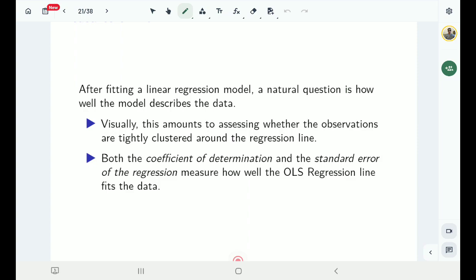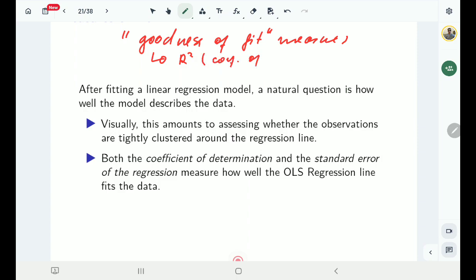There are two widespread measures of the so-called goodness of fit. One is called R-squared, or coefficient of determination, and the second one is the standard error of regression.